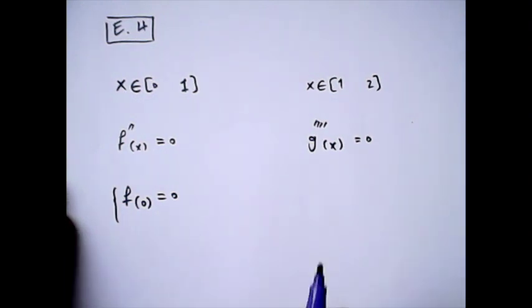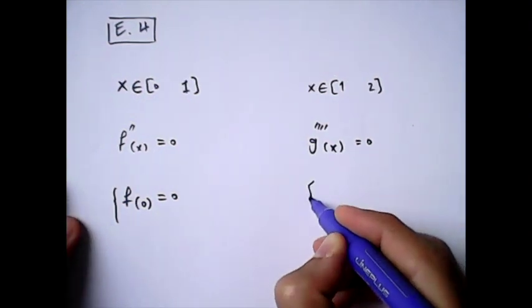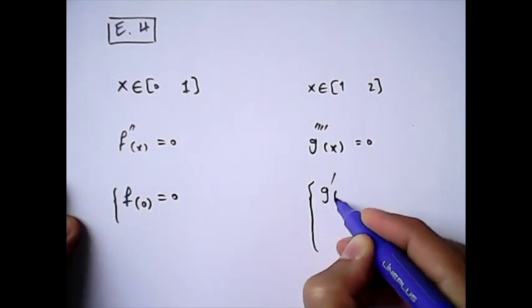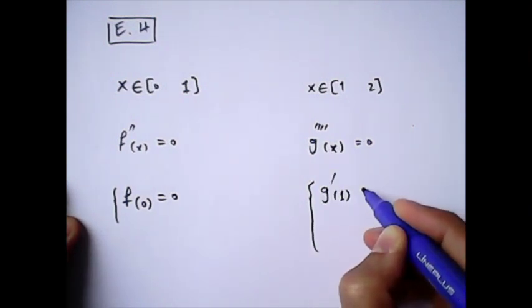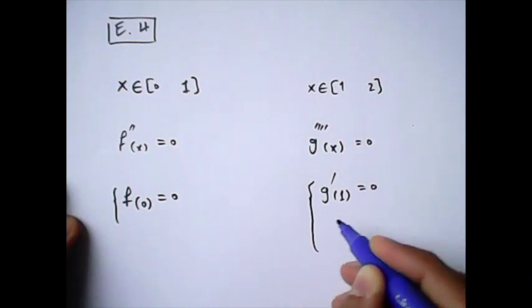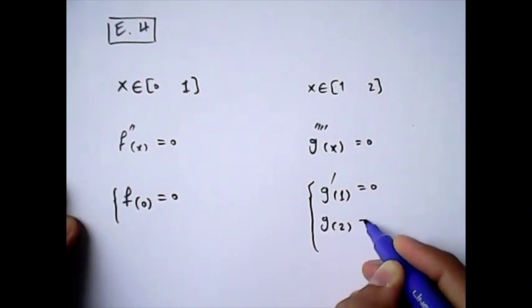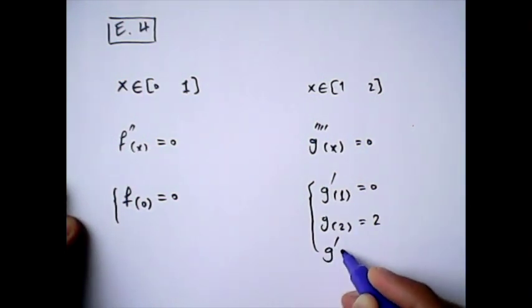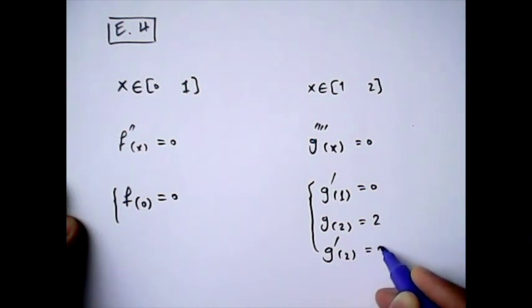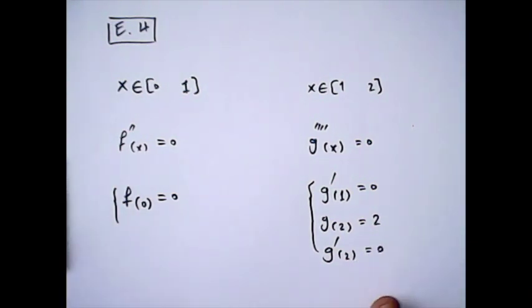Let's consider the boundary conditions of this one. g prime of 1 equals 0, g at 2 equals 2, and g prime at 2 equals 0. Up until now, it kind of looks like the previous examples too. So the boundary conditions are kind of the same. But the different thing comes in here.